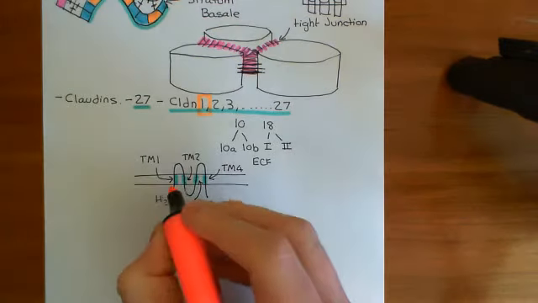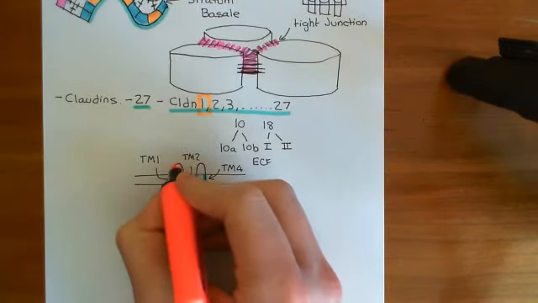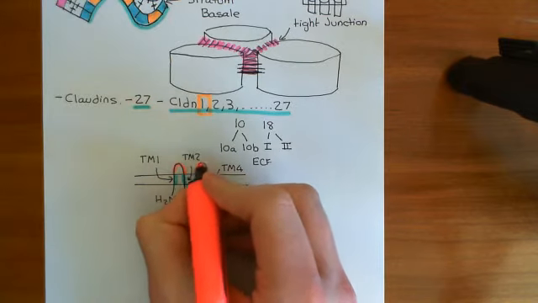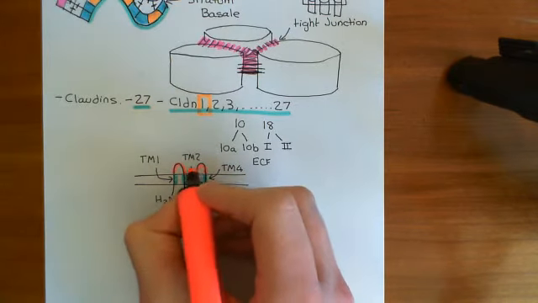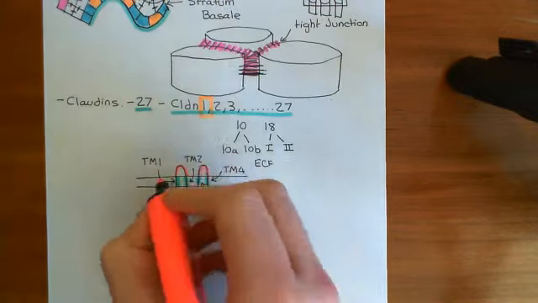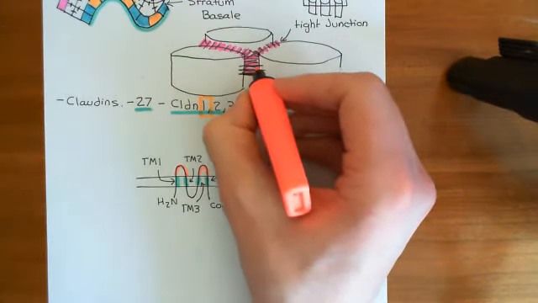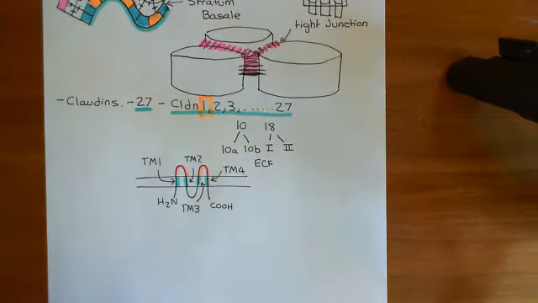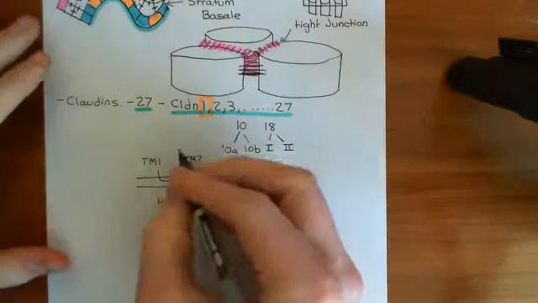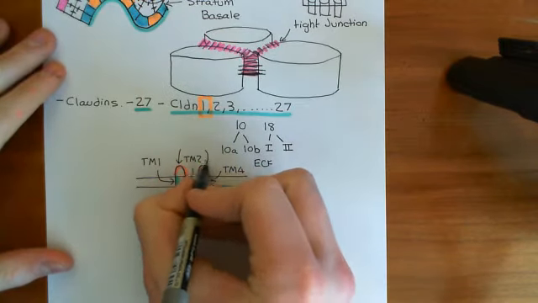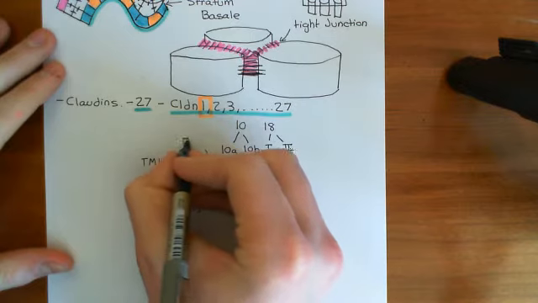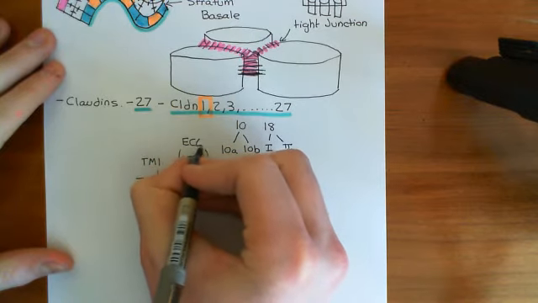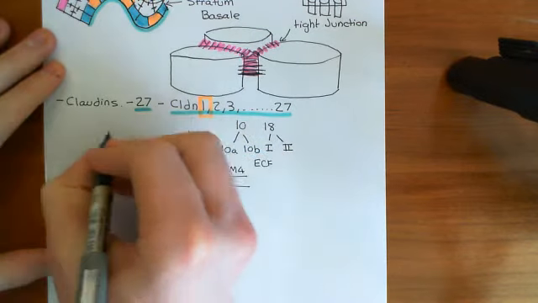Other very important domains are these extracellular loops, because they are involved in binding to another claudin protein on the surface of the other cell. For short, the extracellular loops are often abbreviated to ECLs.